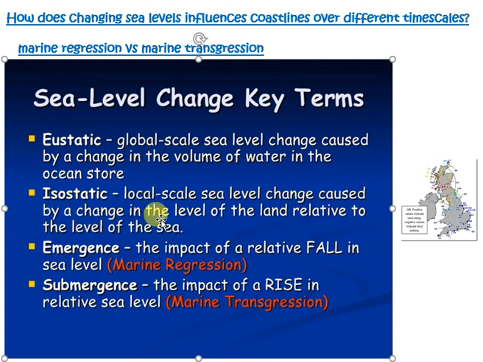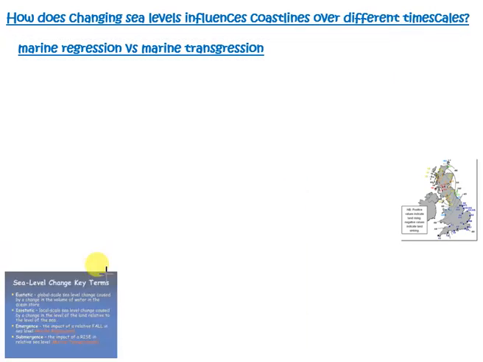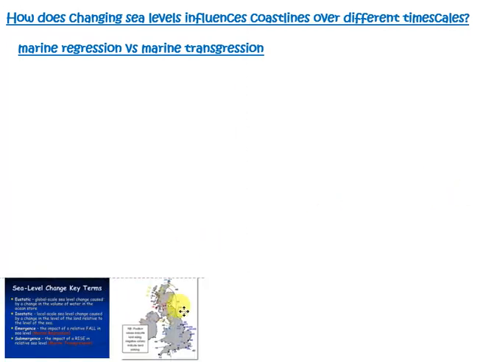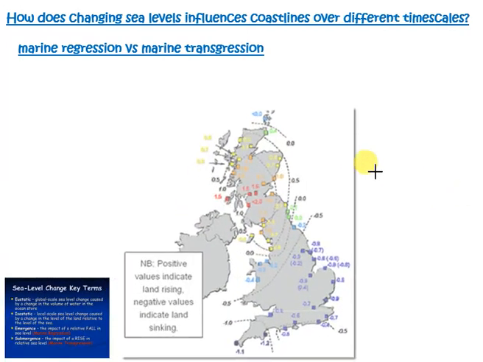Isostatic change is local. In some places the land height is rising relative to the level of the sea, but in other places it's subsiding relative to the level of the sea. I'll pull a little example here for the UK, which is interesting.